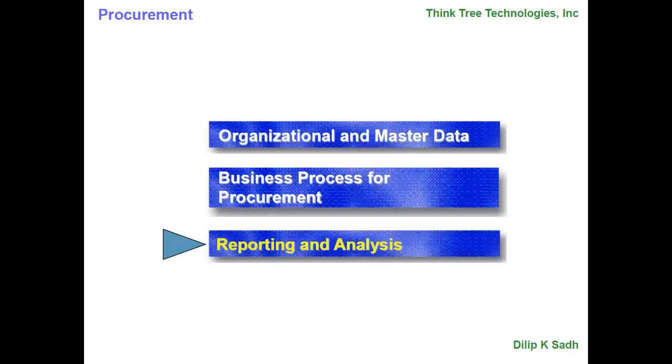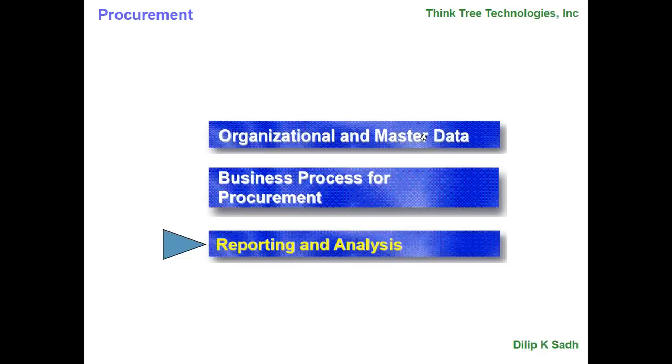Let's briefly recap. I talked about how the SAP MM module, or any functional module for that matter, is divided into four buckets: organization data, master data, business processes, reporting and analytics. For organization data, I talked about five: company code, plant, storage location, purchasing organization, purchasing group.